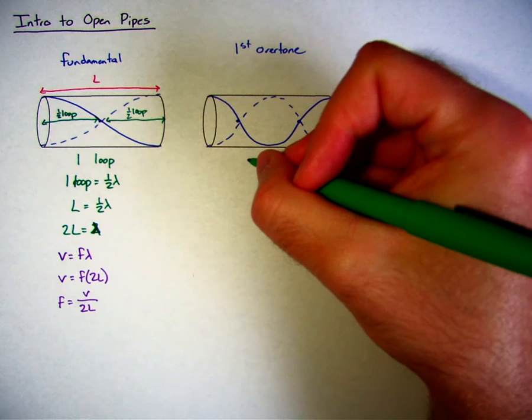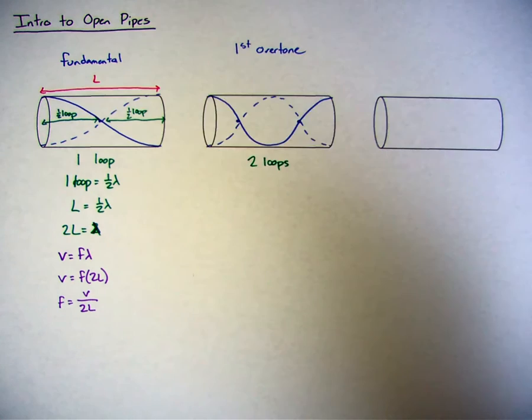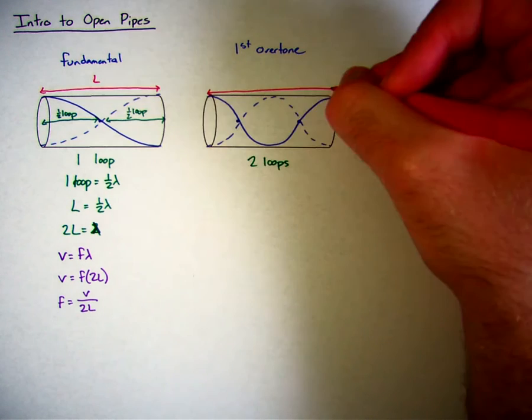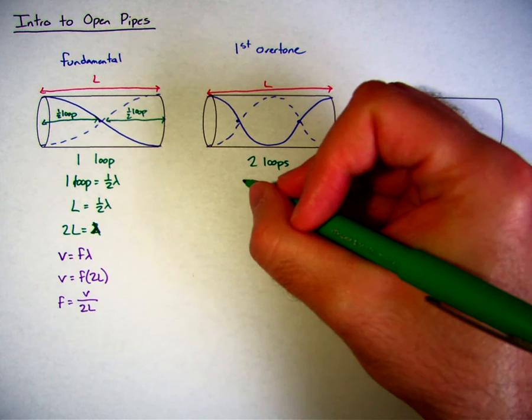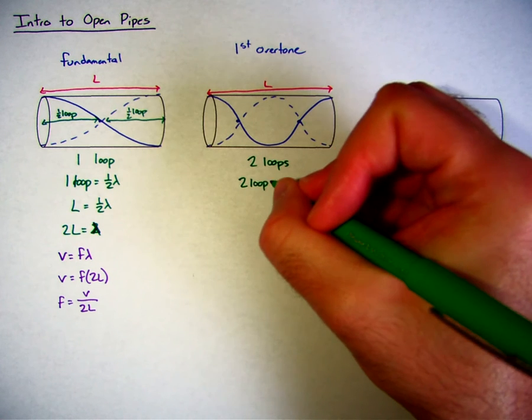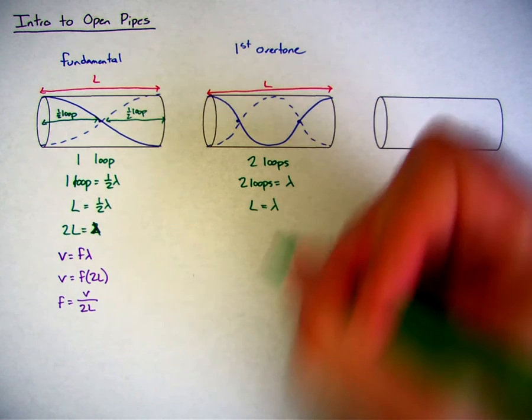So this ends up being 2 loops. So if this is 2 loops, and the length of our tube is still L, because that's not going to change at all, that means that the 2 loops is equal to 1 full wavelength. That means L is equal to 1 full wavelength.